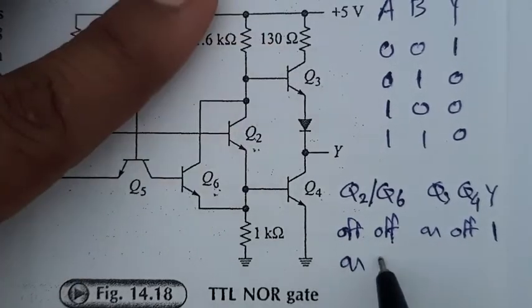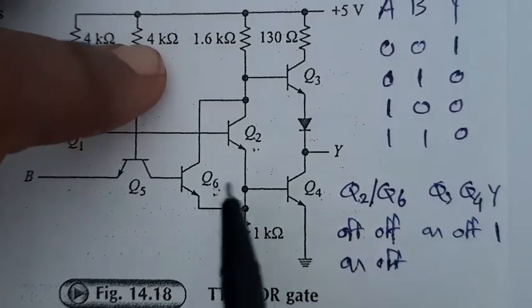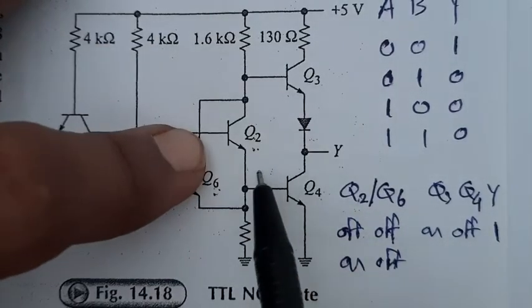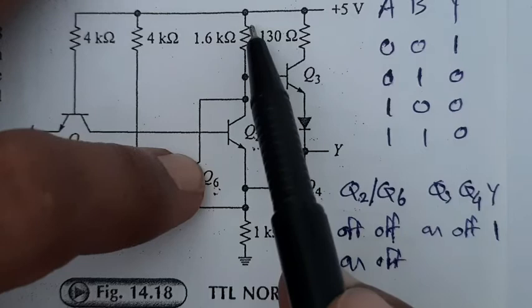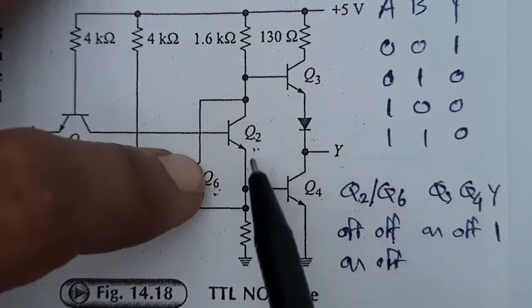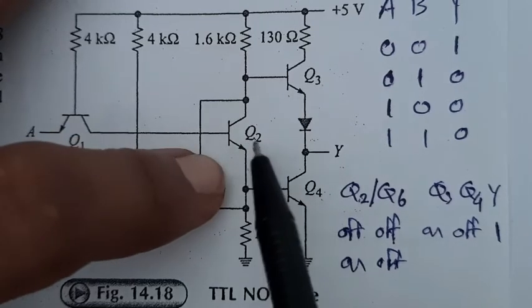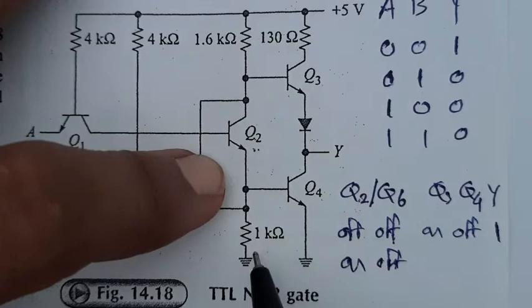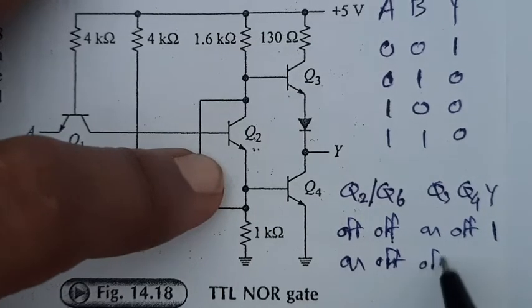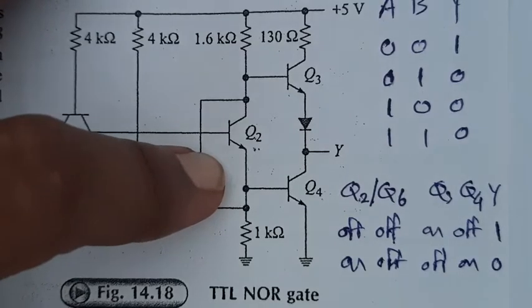If any one of them is on, suppose Q2 is on and Q6 is off, then the current through the resistance of 1.6 kilo ohm will pass towards the base of transistor Q4 through Q2. Q2 will pull down the base of transistor Q3 towards ground and therefore Q3 will be off, Q4 will be on and the output will be 0.